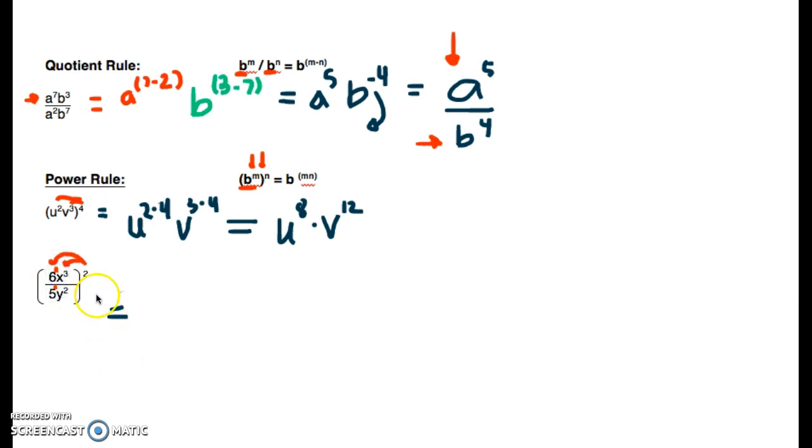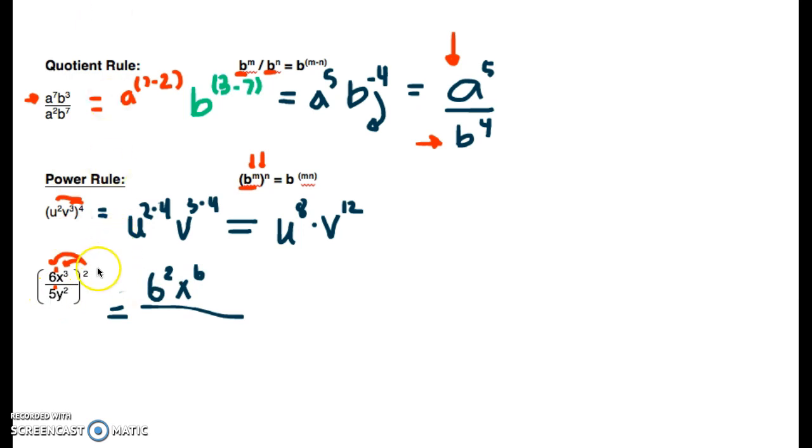He has an imaginary 1 up there. So let's do the numerator first. The 2 is applied and multiplied to the 6 to the 1. So I have a 1 times 2, which is squared. I have an x to the 3 times 2. 3 times 2 is 6.